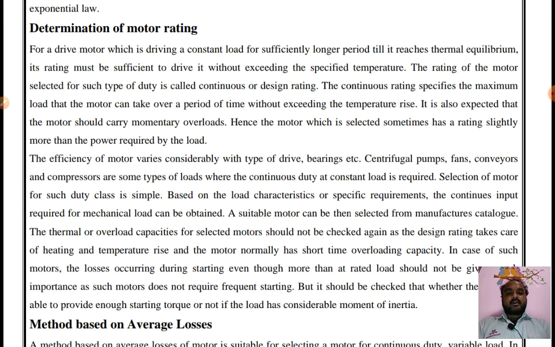Based on the load characteristics or specific requirements, the continuous input required for the mechanical load can be obtained. A suitable motor can then be selected from manufacturers' catalogs. So we have catalogs based on the company, based on the manufacturer. According to that also we can select the motor.